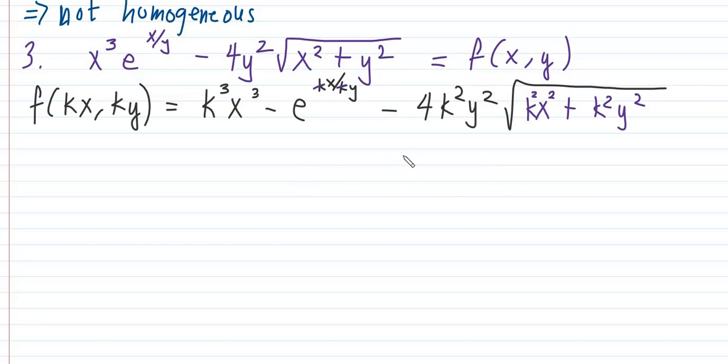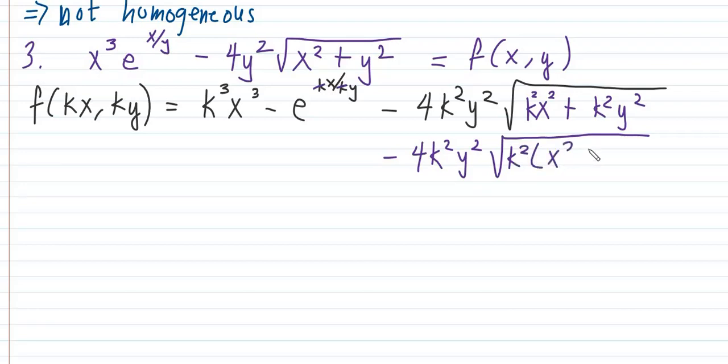And then here it will be 4k squared y squared times the square root of k squared, which is common, so we can factor it out, x squared plus y squared. The square root of k squared is simply k, and it will be multiplied to k squared here.